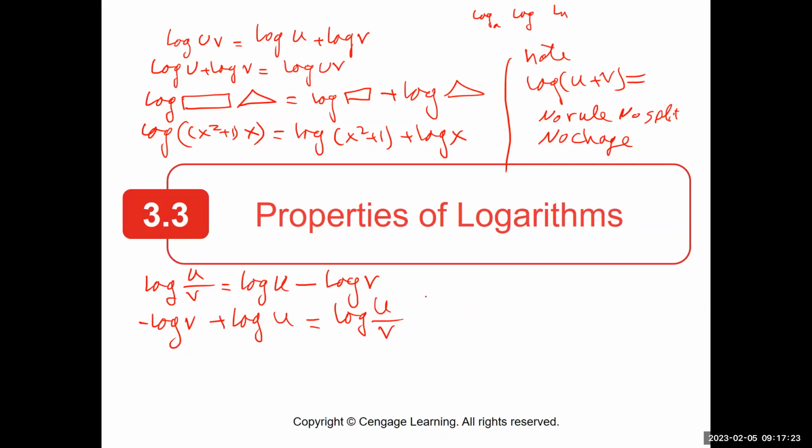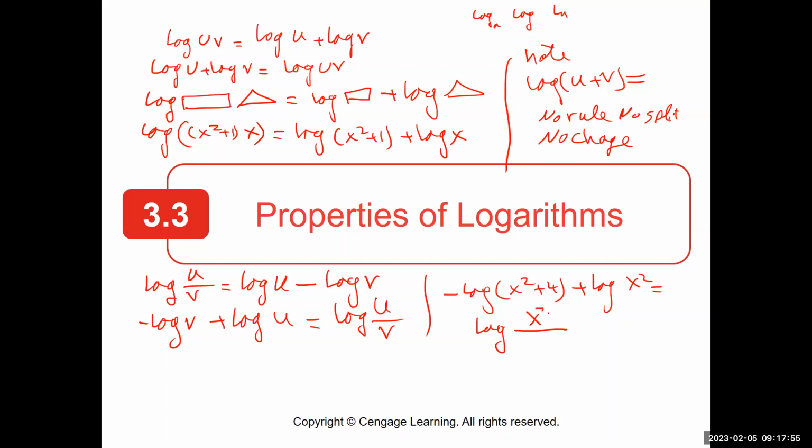So let's say we have negative log of x squared plus 4, plus log of x squared. What's that equal to? It's going to be log. You write the log and you put a straight line. The minute you see negative, negative means you put it on the bottom.